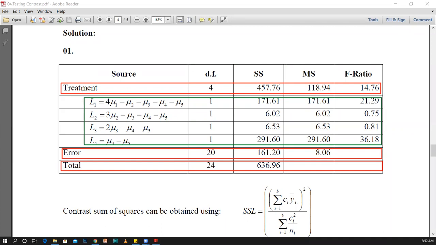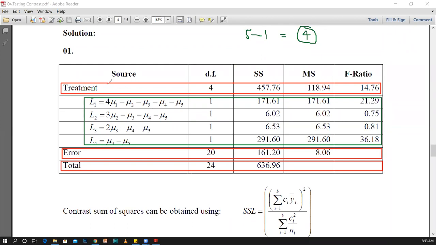Since we have 5 treatments, 5 minus 1 independent orthogonal contrasts should be there. Therefore, altogether there should be 4 orthogonal contrasts, and I have named them L1, L2, L3 and L4.